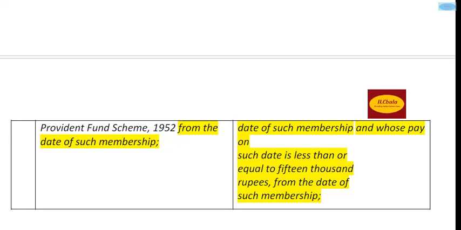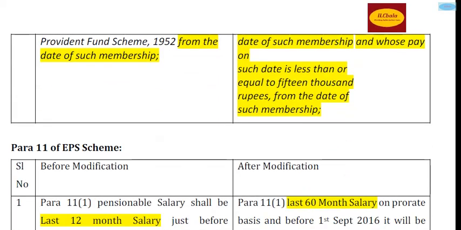In essence, anyone who is drawing salary above 15,000 rupees and contributing on that will be out of the pension fund, and the entire contribution will go to the Provident Fund. This is very important.